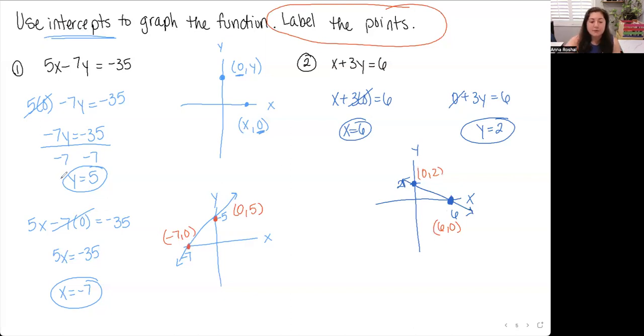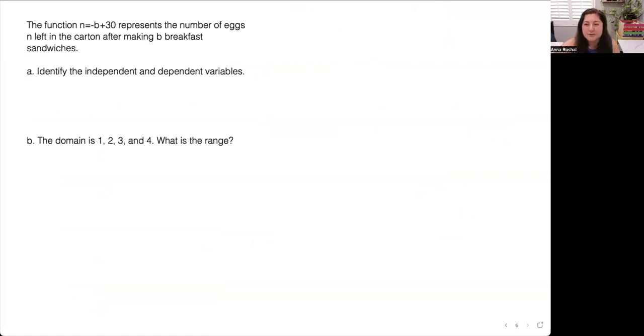I would give a point for Y equals, a point for X equals, a point for each of these values, and the fact that they're labeled. So you would get 50% if you didn't label the intercepts. We don't want to lose points for that, just because that's silly, right?